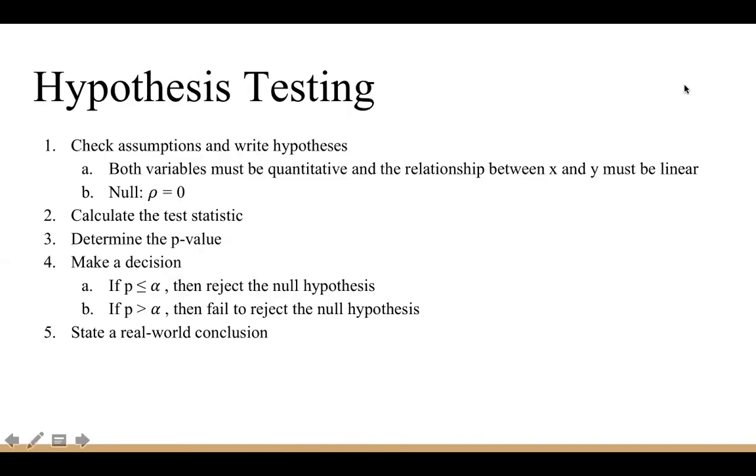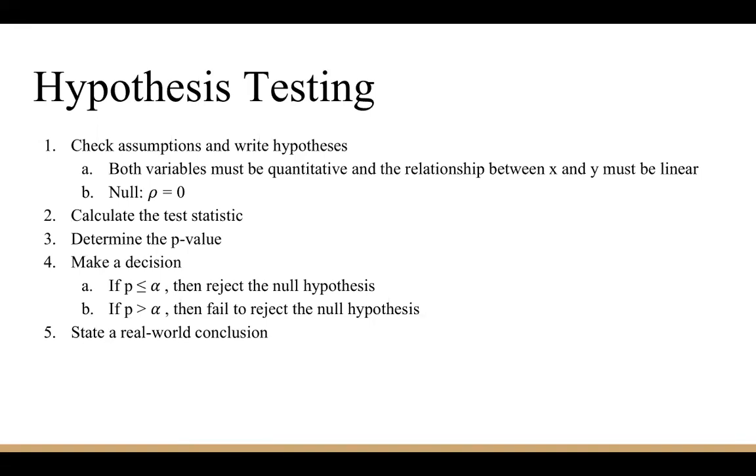So again, with hypothesis testing for the correlation, first you want to check your assumptions and write your hypotheses. Our assumptions here are that both variables are quantitative and the relationship between x and y must be linear. When we write our hypotheses, make sure you write them in terms of rho, because it's in terms of the population. So don't forget that.